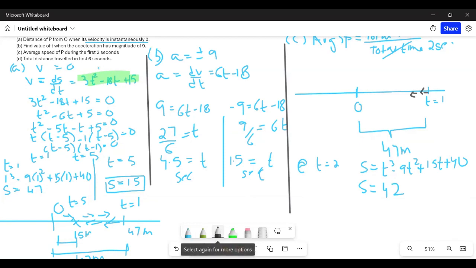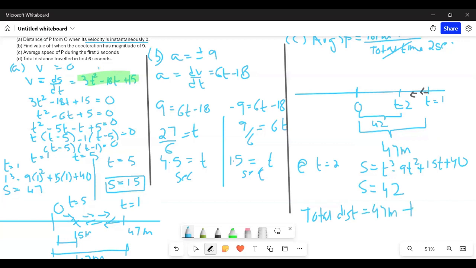Displacement is the distance from the point O. It's going to be somewhere over here now. This is t equals 2, and this distance is 42. Then the total distance covered by the particle is the initial 47 meters plus this distance, which is going to be 47 minus 42, which is 5.